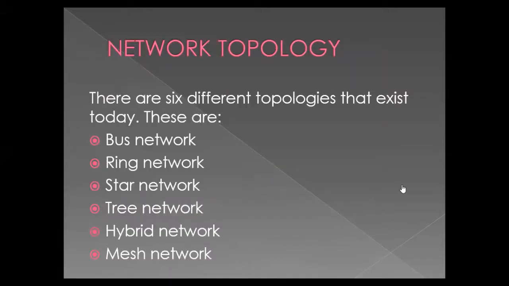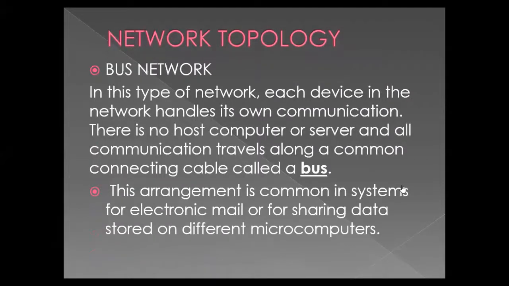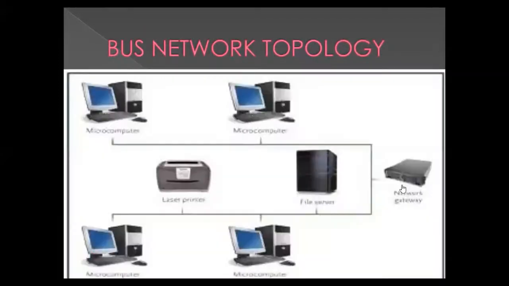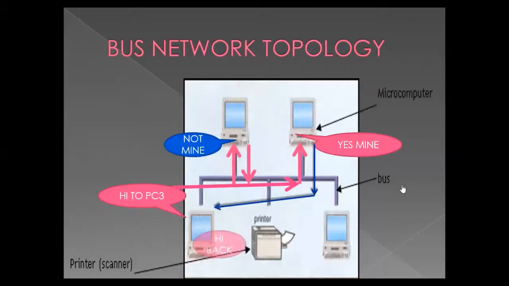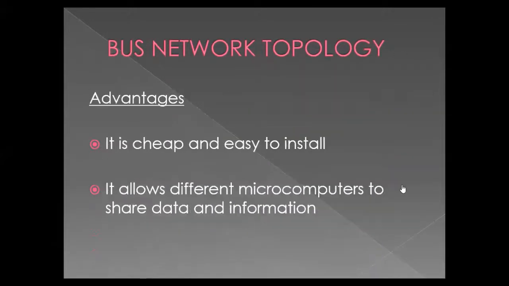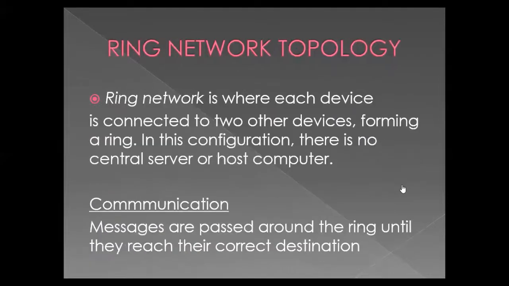Now there are six different types: bus, ring, star, tree, hybrid, and mesh. Bus network: in this type of network, each device in the network handles its own communication. There is no host. All this we have discussed, and then this is the setup, and then the advantage and disadvantage we looked at.